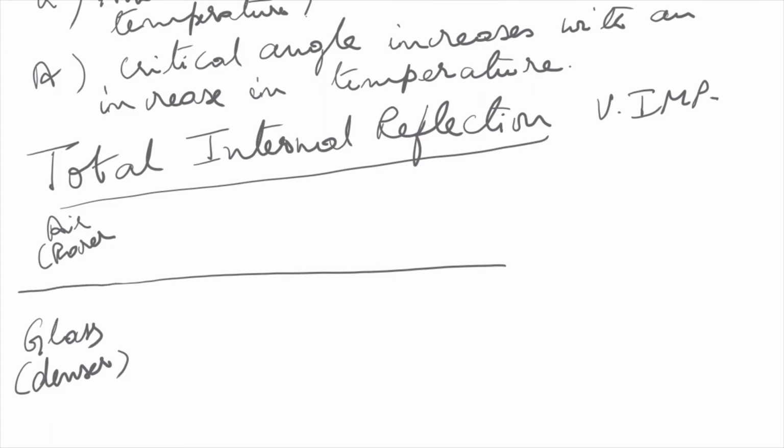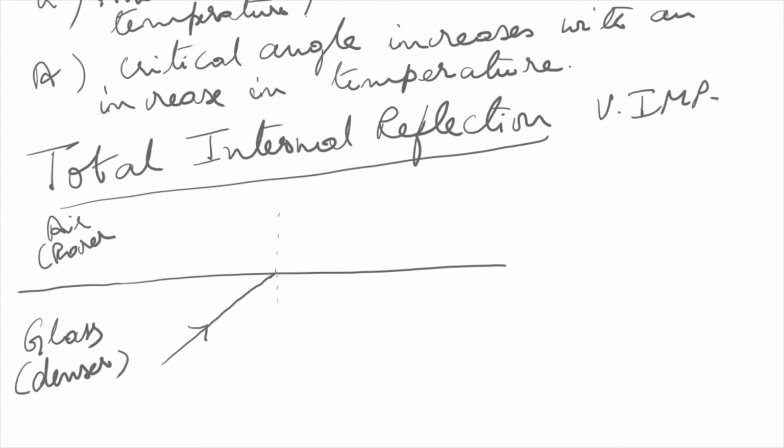Now suppose an incident ray is incident at point O. Suppose this is the normal. If this angle is equal to the critical angle, then the angle of refraction will be 90 degree, or the refracted ray will pass through the surface of separation.